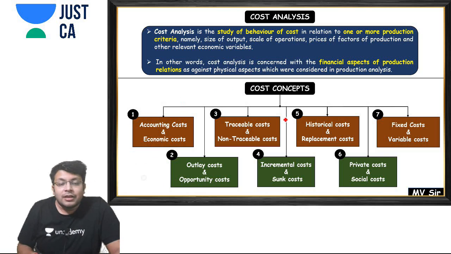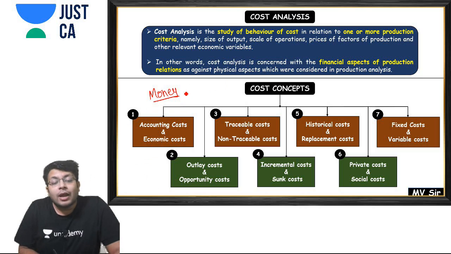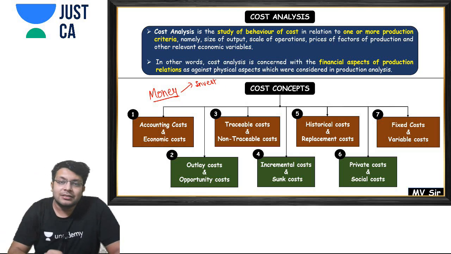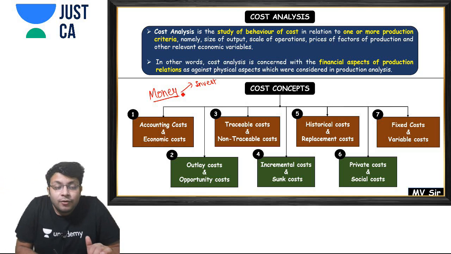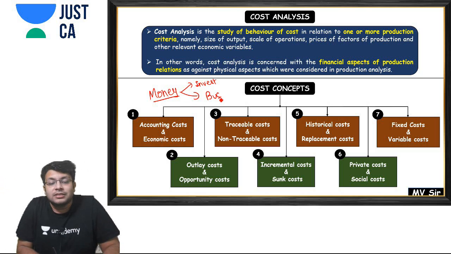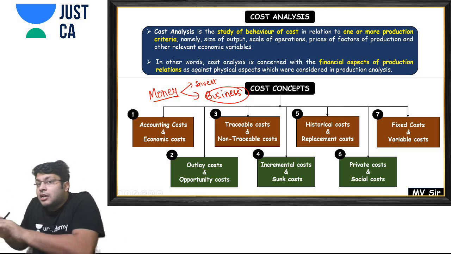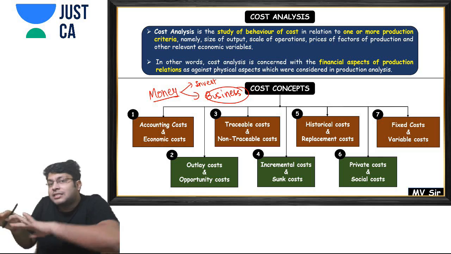Now one more thing, if you have money, you can either invest your money in a bank or some other areas and earn interest or some income from that. Or if you invest your money in business, you won't be able to invest the same money somewhere else.